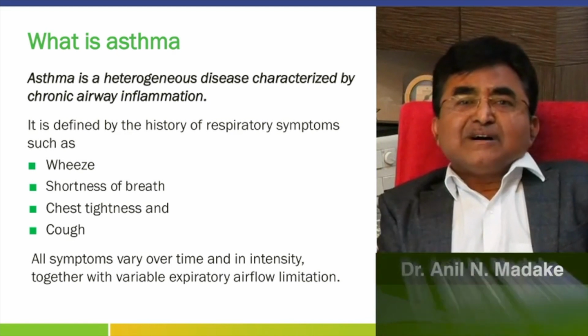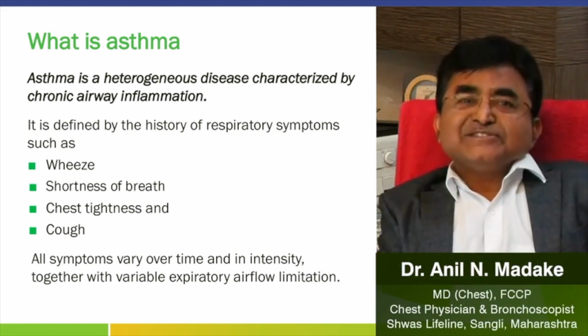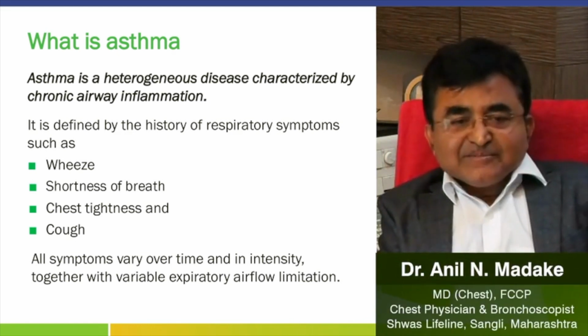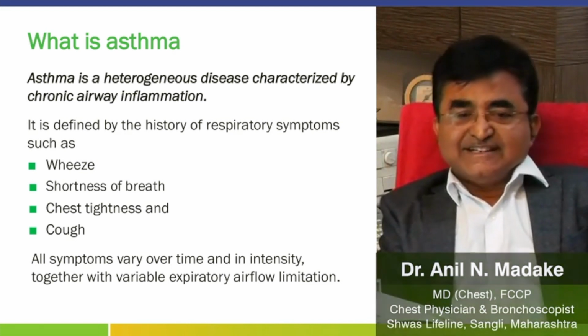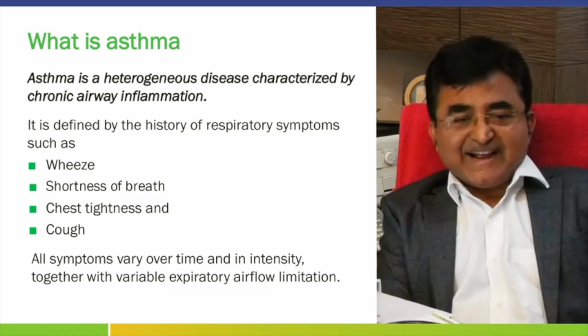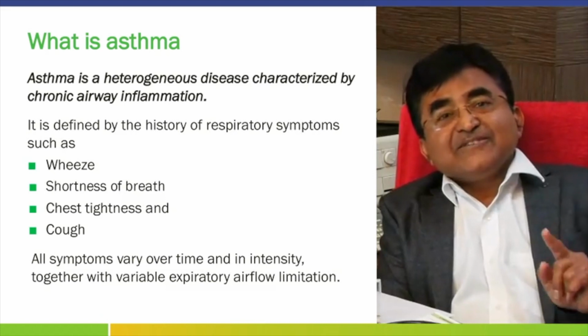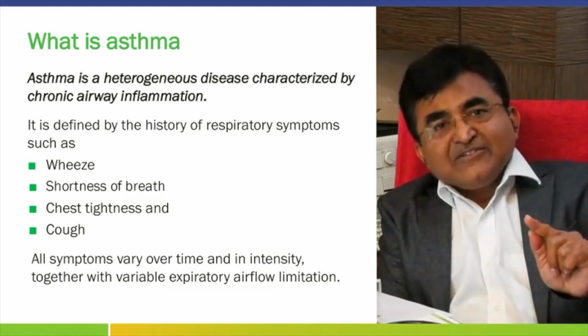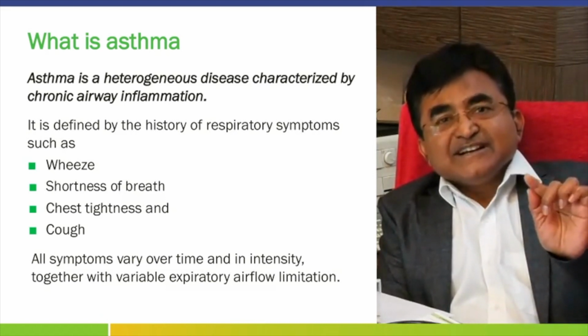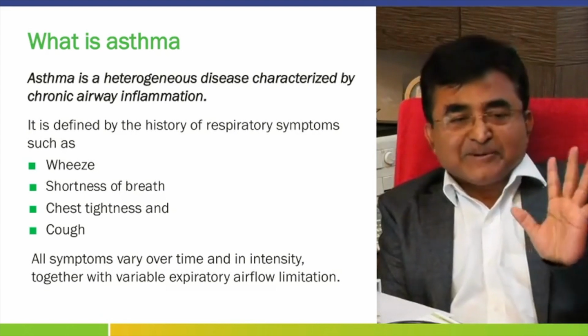Now, what is asthma as far as definition is concerned? Asthma is a heterogeneous disease characterized by chronic airway inflammation. So, airway inflammation is a key point in asthma.